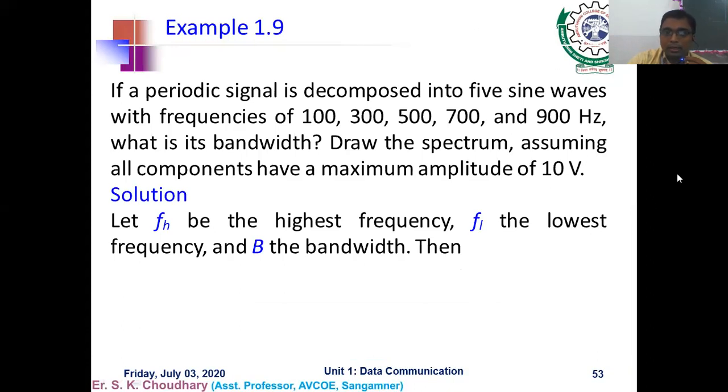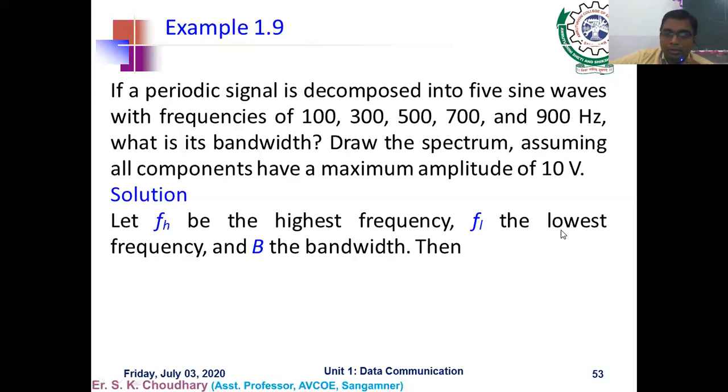The numerical says that a periodic signal is decomposed into 5 sine waves with the frequencies 100, 300, 500, 700 and 900 hertz. What is its bandwidth? Draw the spectrum and assume all components have the maximum amplitude of 10 volts. First of all, tell me what is the bandwidth of this?